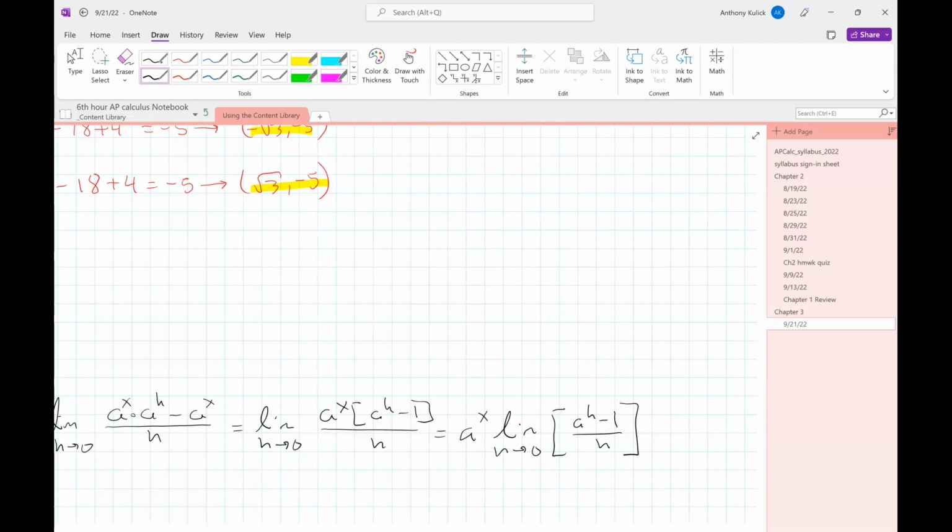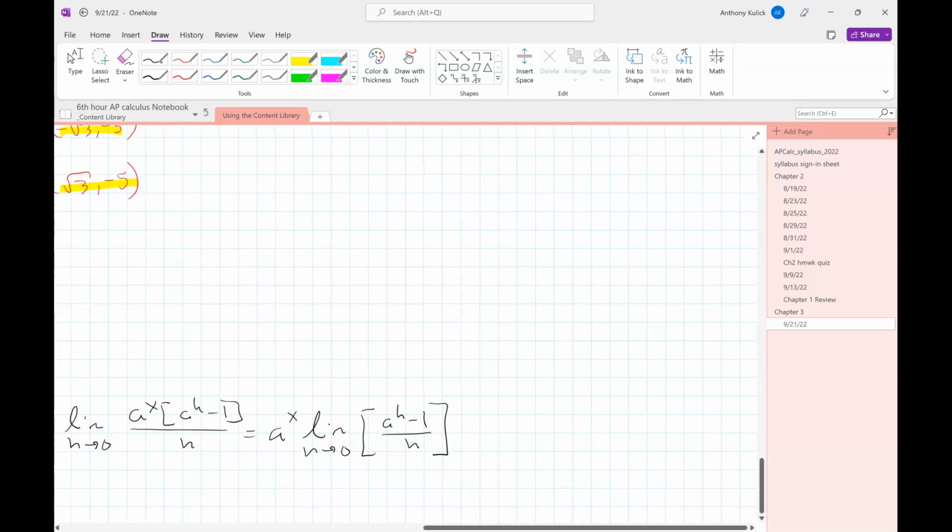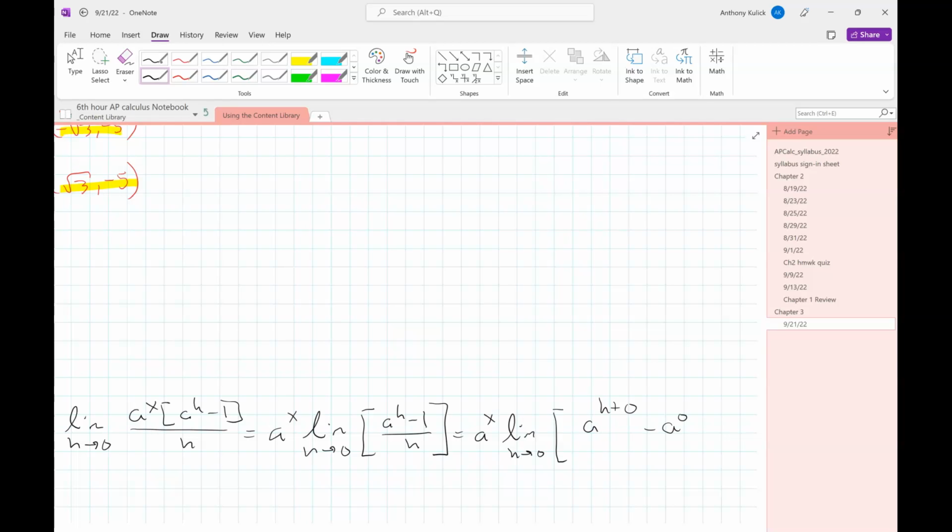Now, do you recognize that limit that we're left with? Here, let me write it a different way. Maybe it'll become more recognizable. h is the same thing as h plus 0, right? 1 is the same thing as a to the 0, right?